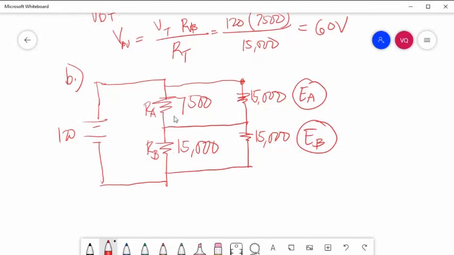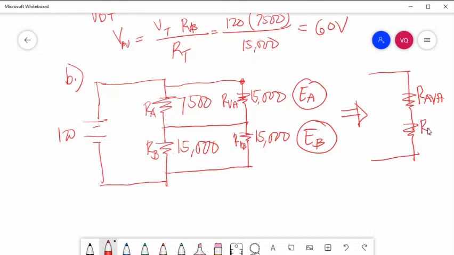So, here, as you can see again, RA is in parallel with RVA and RB in parallel with RVB. And the combination of these two is in series. So, this will become RAVA and RBVB.